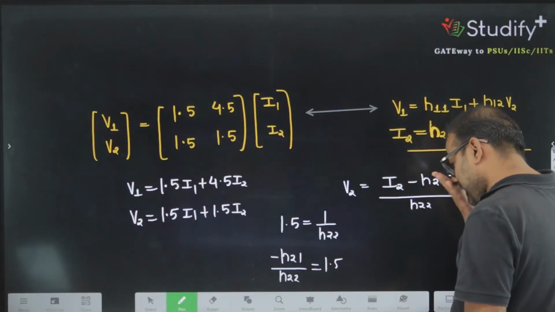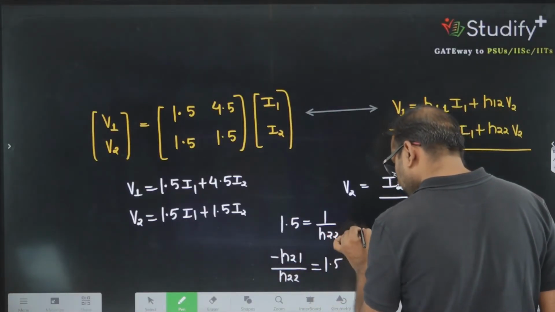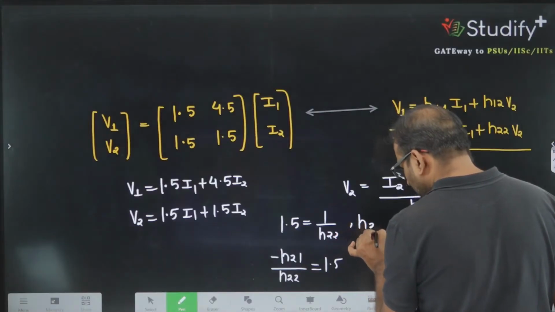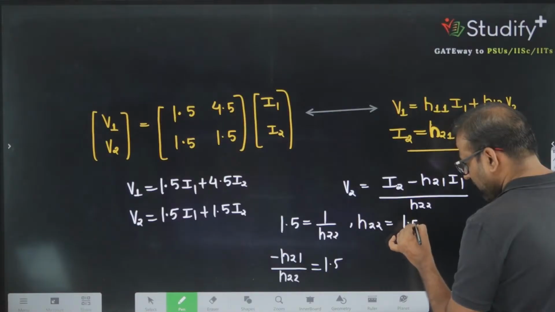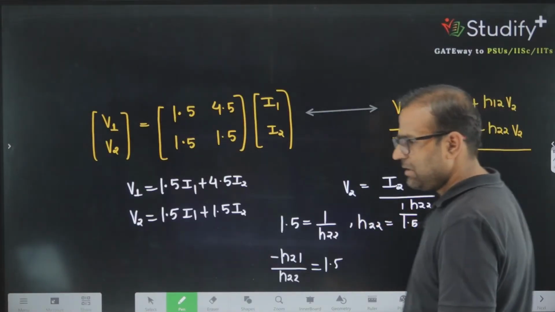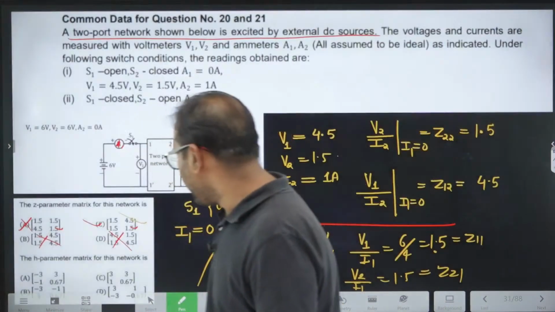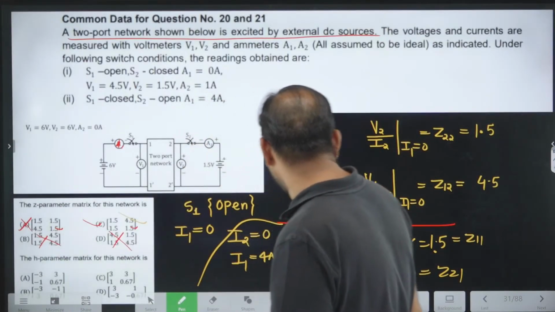So you can say 1 divided by H22, so what is the value of H22? H22 is 1 divided by 1.5. Let's look at this. 1 divided by 1.5 is 0.67.